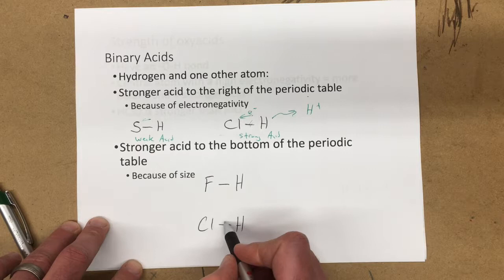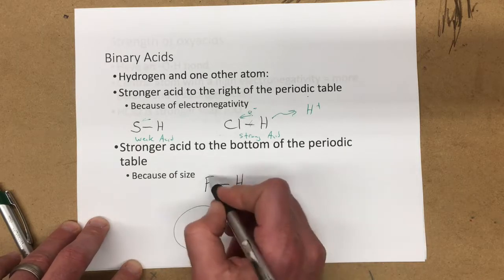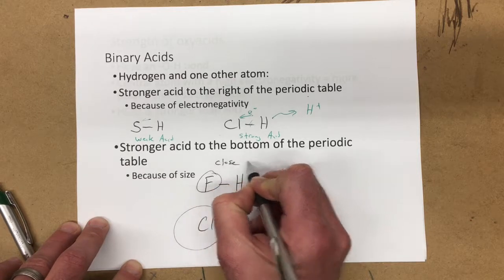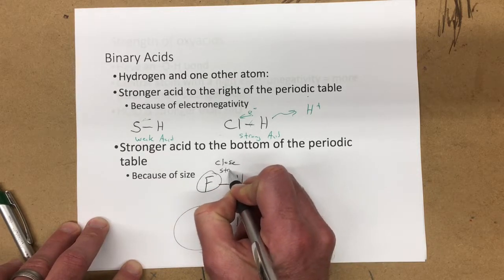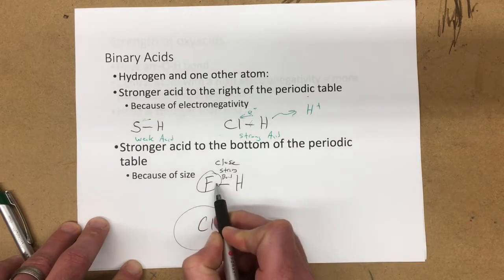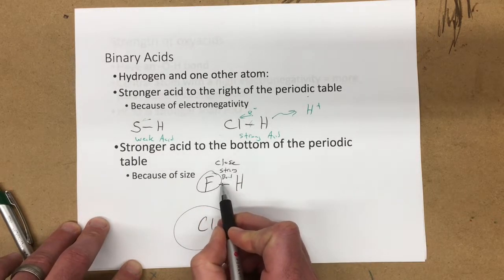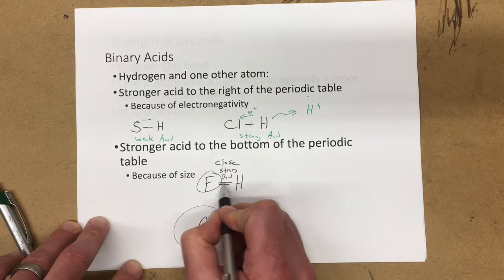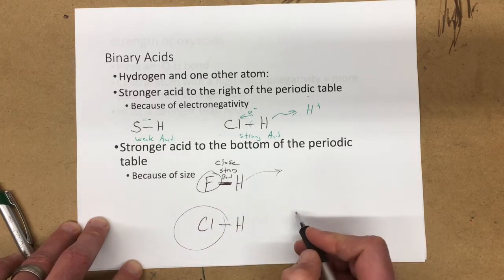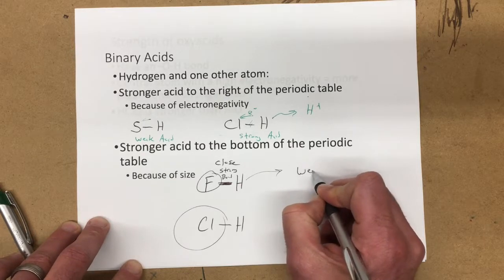Well, since chlorine is bigger and fluoride is smaller, these two can get really close, and that makes the bond strong. Since fluoride is very small, these can get close and it can make a strong bond, therefore making it hard to lose the hydrogen. So it's a weak acid.